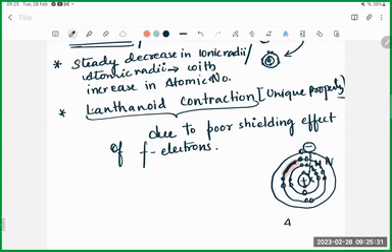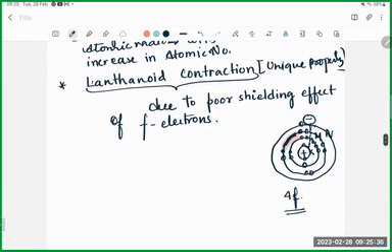This 4f is the antepenultimate shell. Antepenultimate means it falls two shells before the outermost one. So even before it falls, how will this shield work? The shield will not work, right? Because it is falling before the outer orbital.